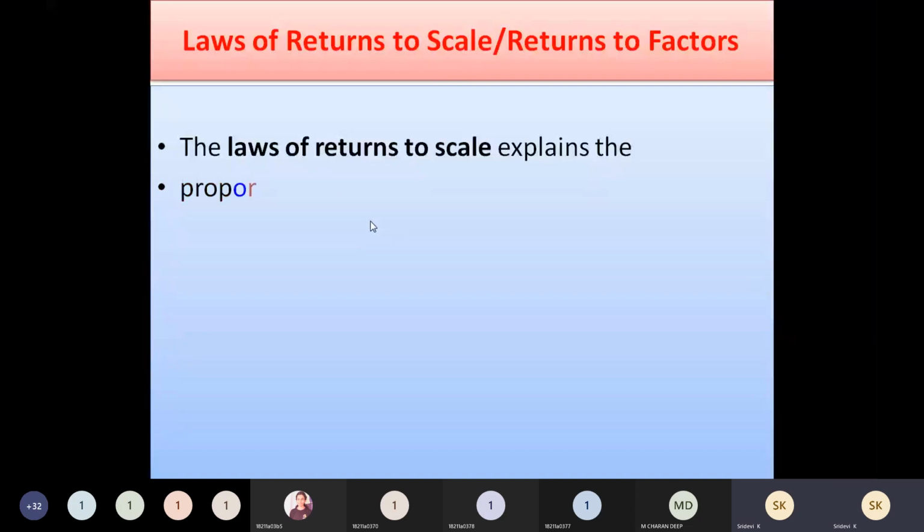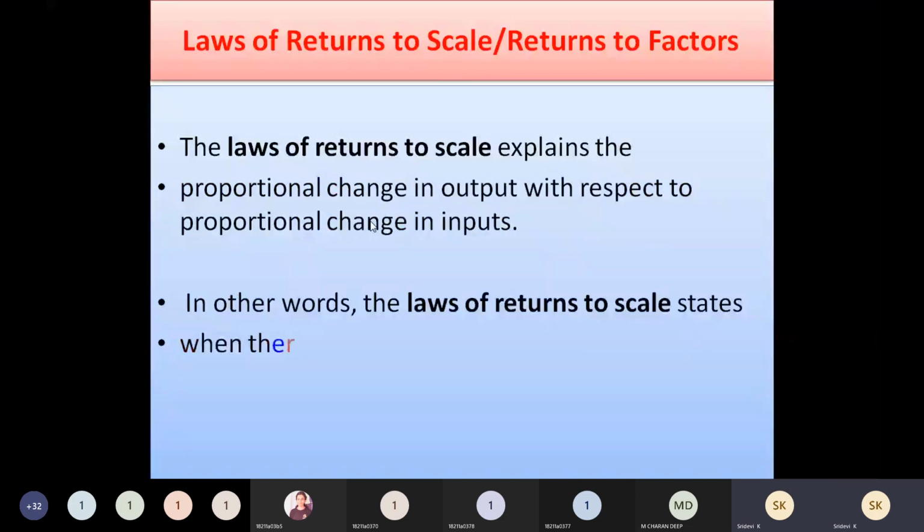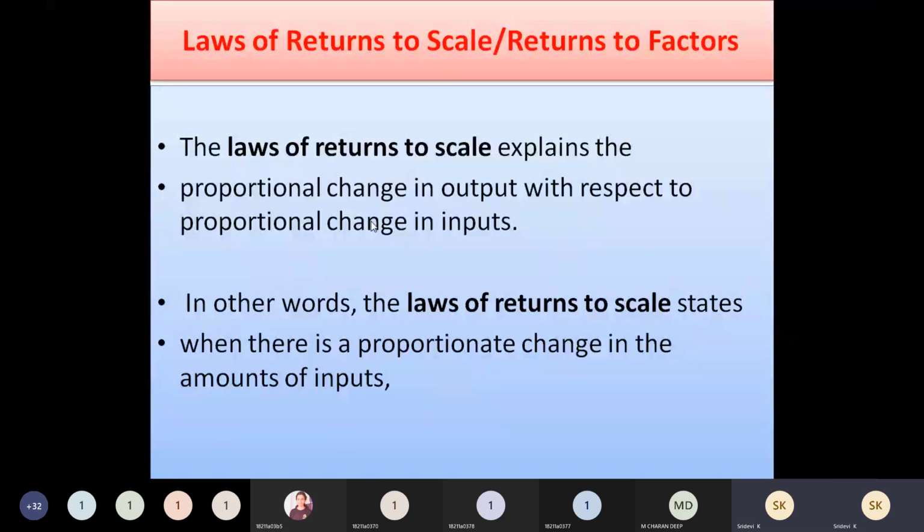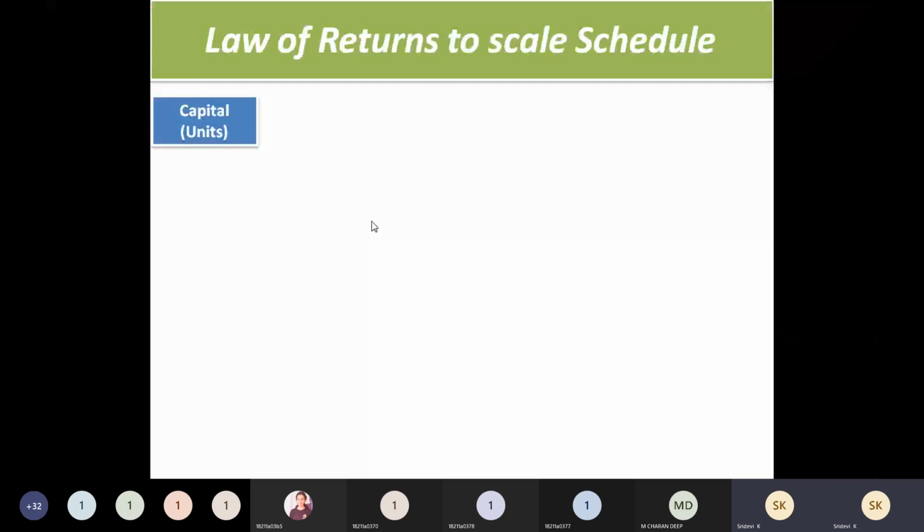So this is what I have explained, that I have shown in words on the screen. So proportionate change in the amount of inputs and how the behavior of output, whether it is changing or not, that is compared in this law. So as we said that we need 3 stages, no?